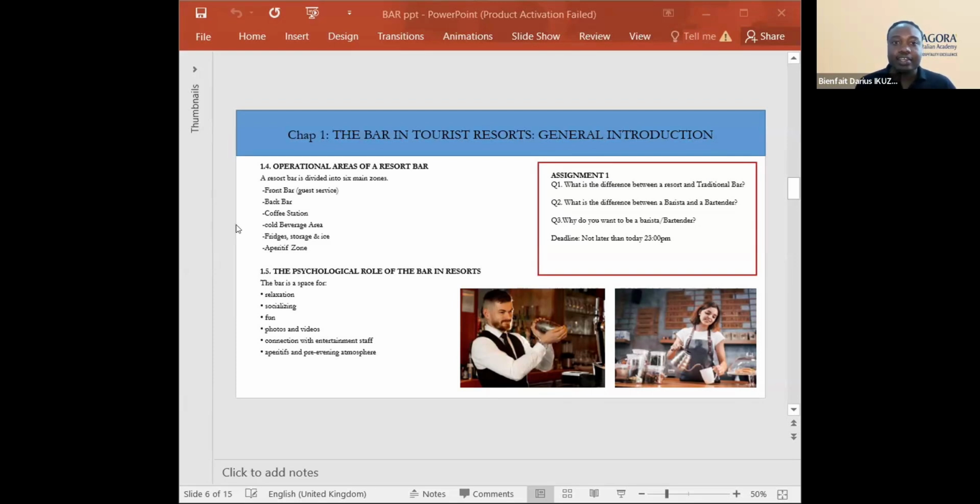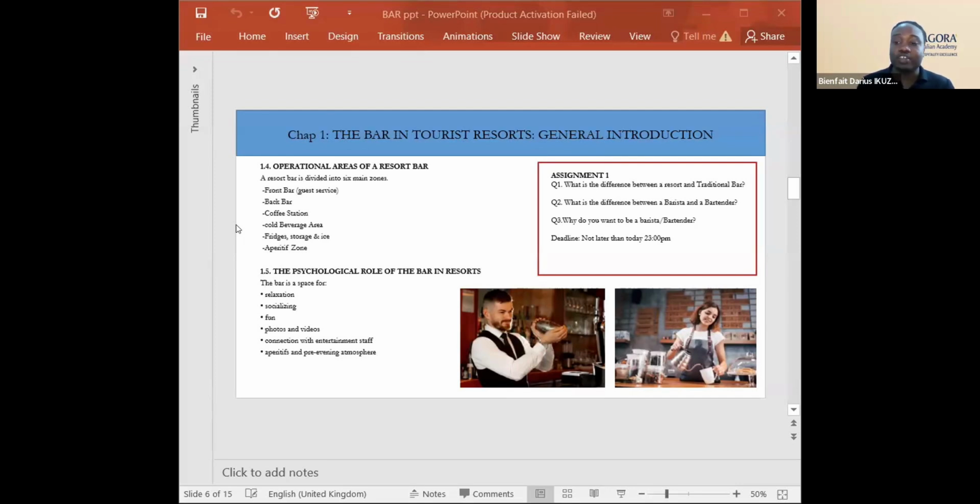And then in the back bar, that's a technical zone where the spirits are made. From the back bar, that's where we bring the juices from. That's where we prepare the cocktails.